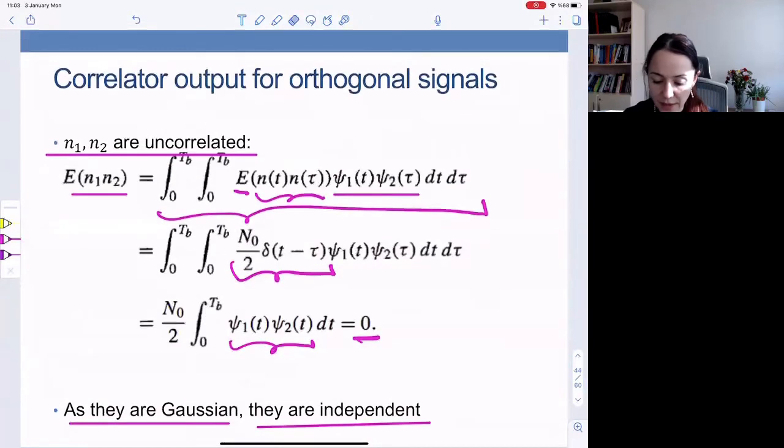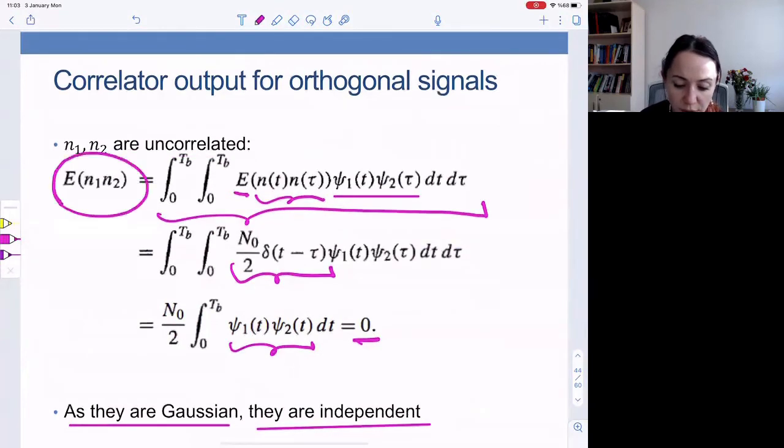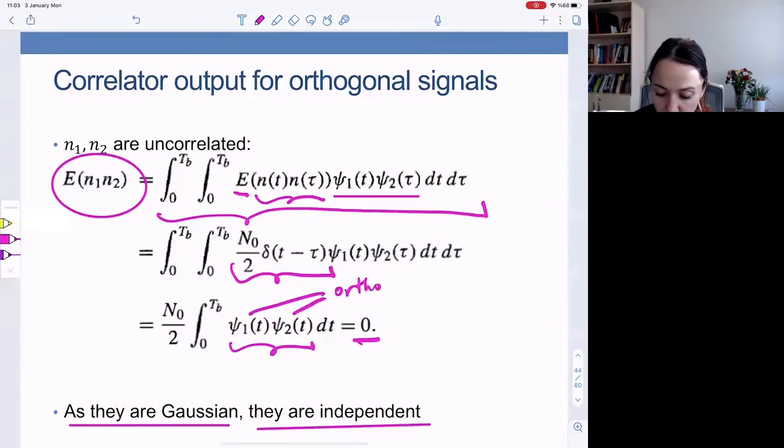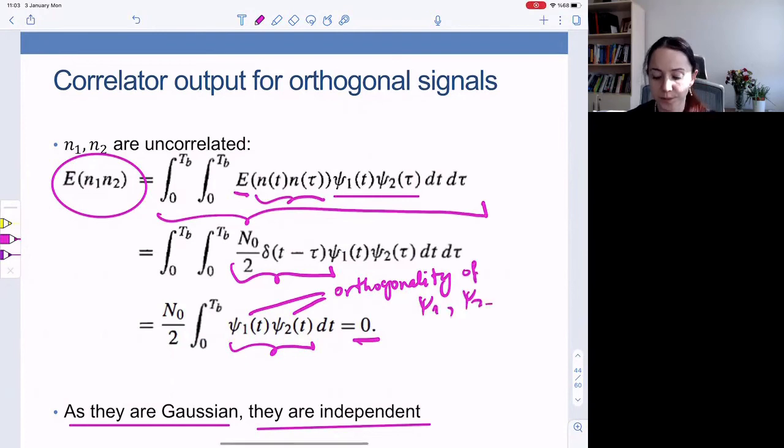Let's emphasize this fact. The independence of the noise terms N1 and N2 at the correlator outputs is because of the orthogonality of the basis functions phi1 and phi2. Let's repeat. When I take samples from a Gaussian process, they are Gaussian and jointly Gaussian.